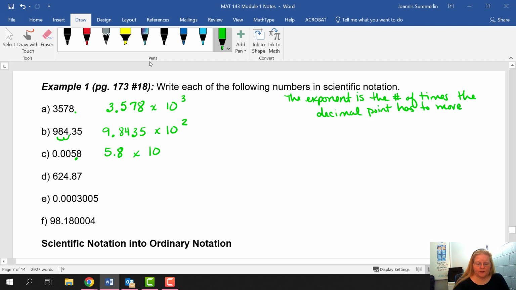I have to move my decimal 1, 2, 3 places. I ended up with a bigger number here, and it's got to turn into a smaller number, so I need this to be teeny tiny. That's why it's negative. It's got to be a mighty small number if I'm going to multiply this big number times the small number to get a small number.